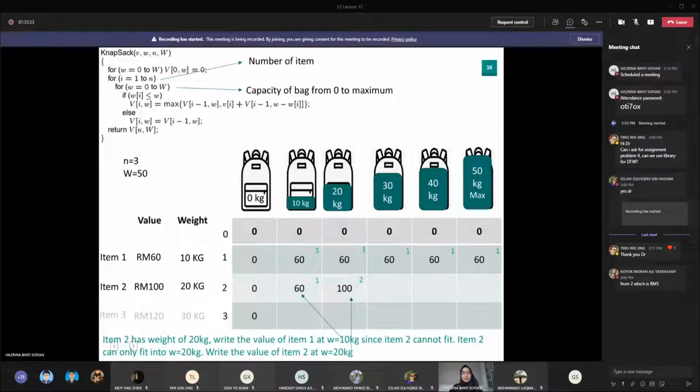Get the concept? Okay, let's try. Now, at capacity 30, what is the highest value?